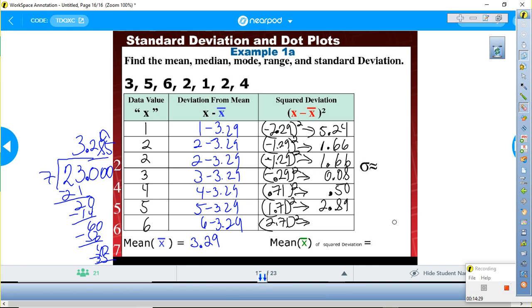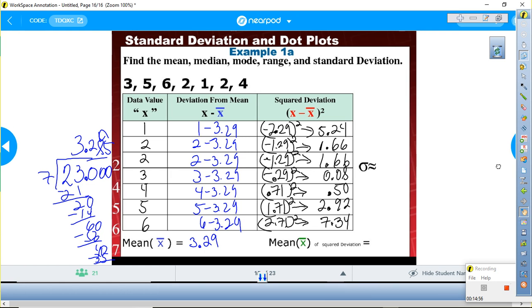Hands if you got 2.92. I think that sounds a little bit more like it. 2.92. And the last one, 2.71 squared. Danny, what'd you get? 7.34. Hands if you got that. That sounds about right. All right.